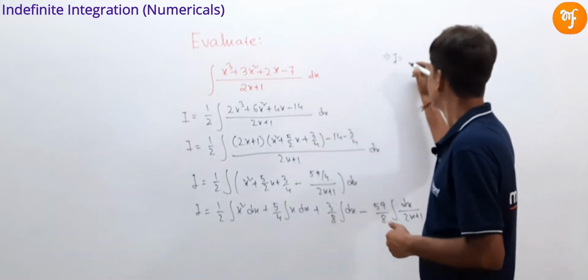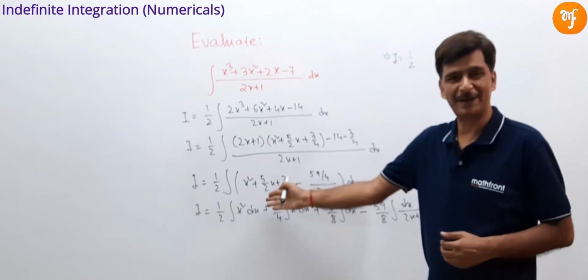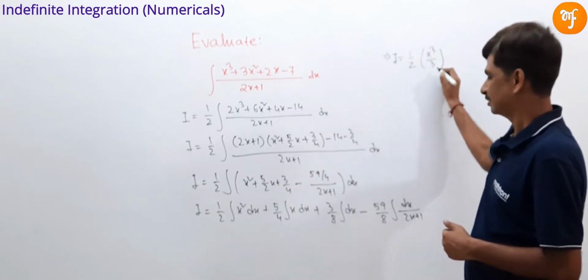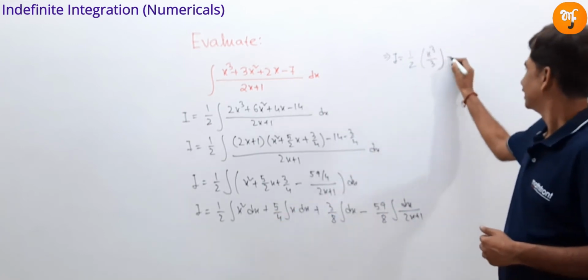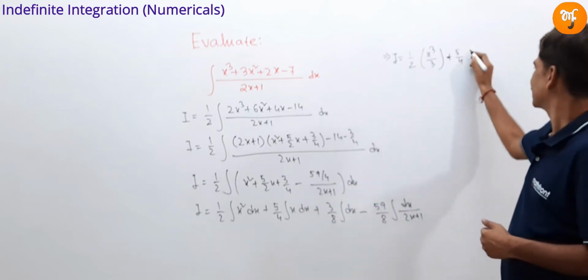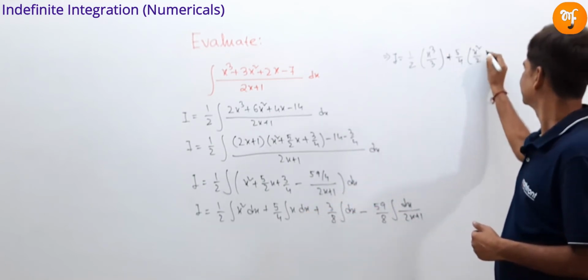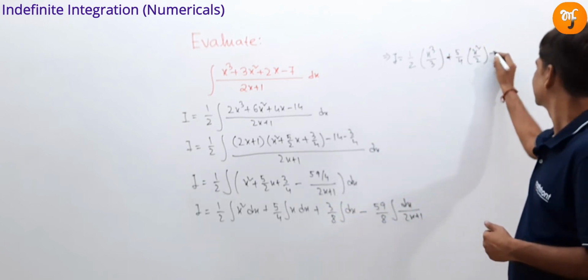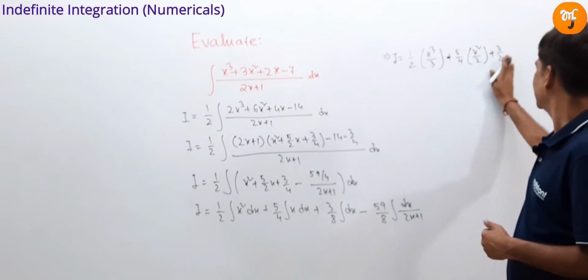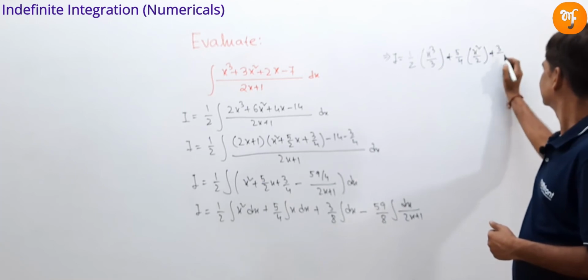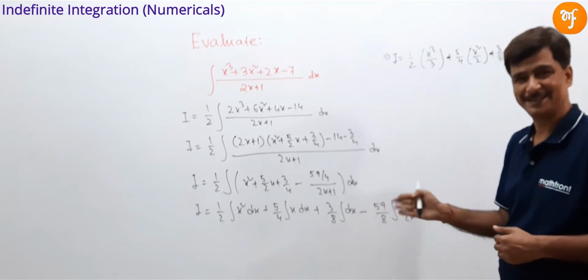I is equal to half, the integration of x squared dx is x cube by 3. So we are writing x cube by 3 plus 5 by 4, the integration of x dx is x square by 2, so we are writing x square by 2, plus 3 by 8 into the integration of dx, that is 3 by 8, the integration of dx is x.